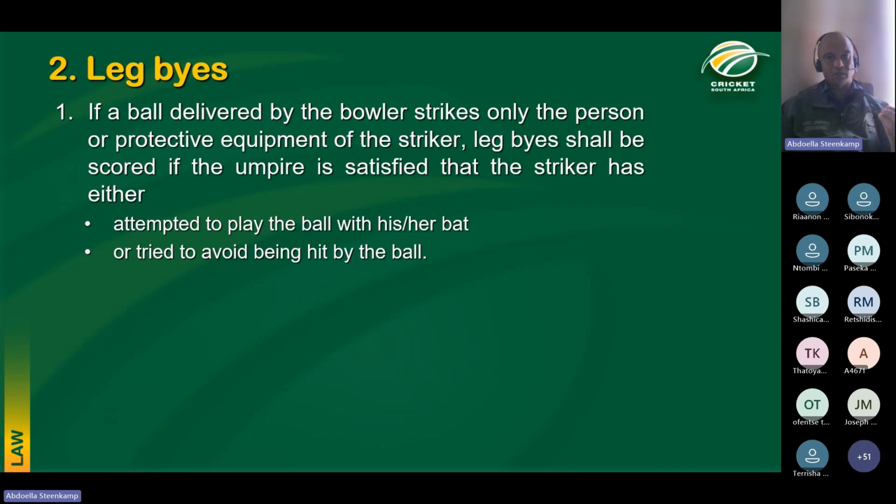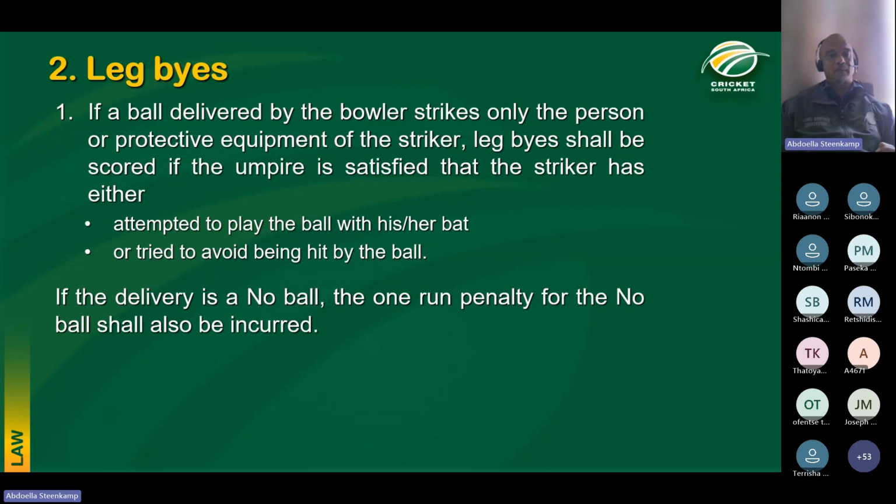So again, to summarize, leg byes are scored if the ball strikes any part of the person or protective equipment, and the umpire is happy that the striker attempted to play the ball with the bat or tried to avoid being hit by the ball. If the delivery was a no ball, that no ball counts and will be added to the score as no ball extras.